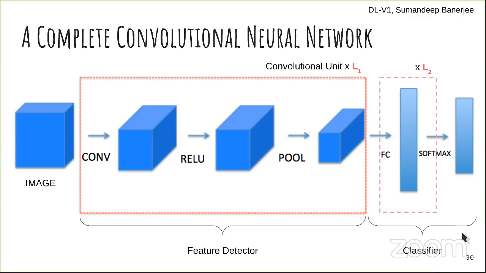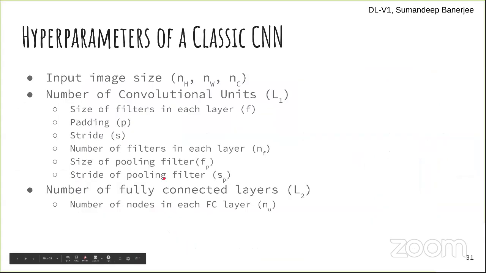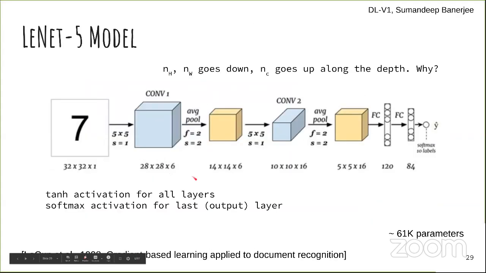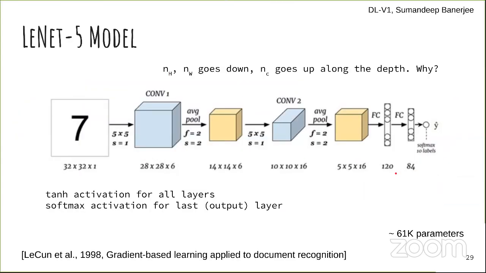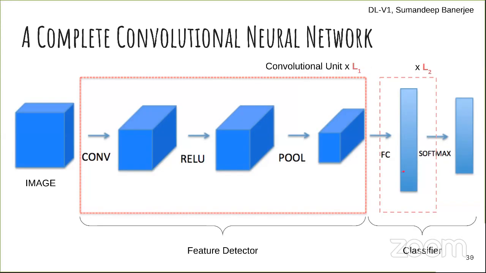So this scheme repeats L1 number of times. Like in the previous example, it repeats twice, and then it is followed by L2 number of fully connected layers, which also in this example repeats twice, and then followed by a softmax layer.